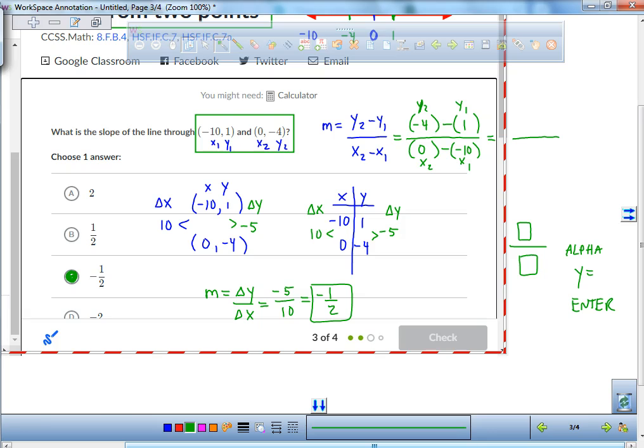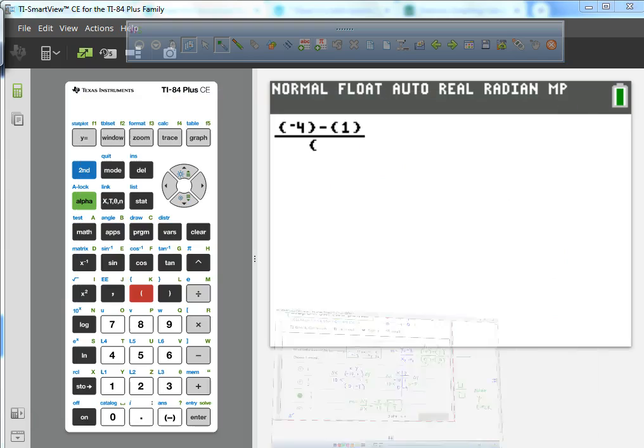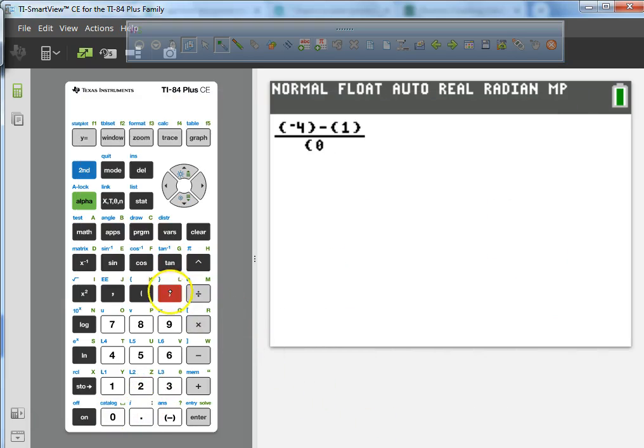Parentheses, and what do we start with? -4. See how we just type in a -4 like that, minus open parentheses 1. And then you go down and open parentheses, and what do we type in? 0. But then you have to make sure you do minus parentheses, and then you type in a -10.